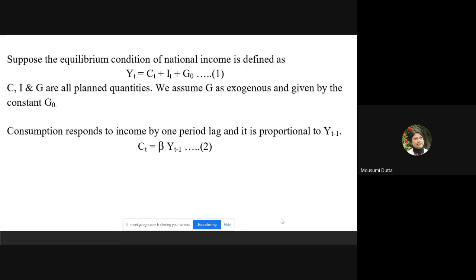So suppose the equilibrium condition of the national income is given by Y_t = C_t + I_t + G_0. C, I, and G are all planned quantities. And as I mentioned, we assume G as exogenous, that is, it is given from outside. It is a constant amount in this model.